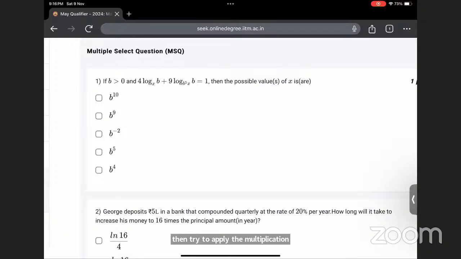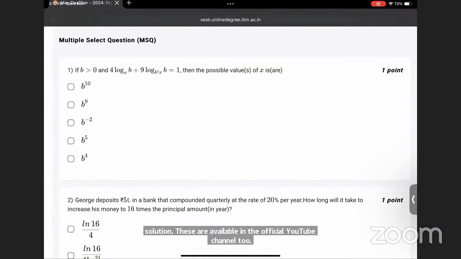Then try to get a quadratic or cubic well-known equation, and solve it. Even if you are facing some difficulty, there are recorded versions for all the practice assignment solutions. These are available on the official YouTube channel too. You can go through it if you are facing difficulty.